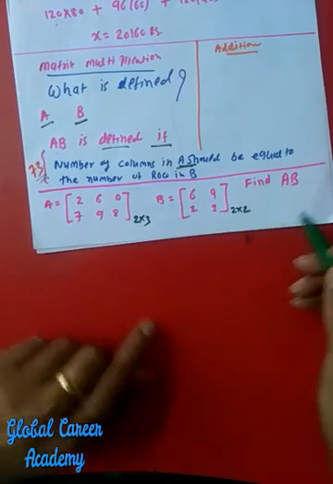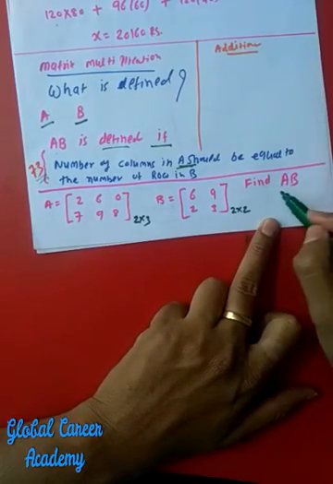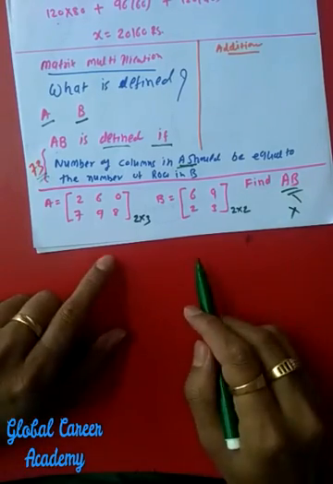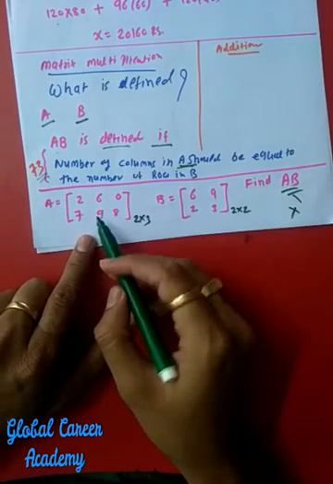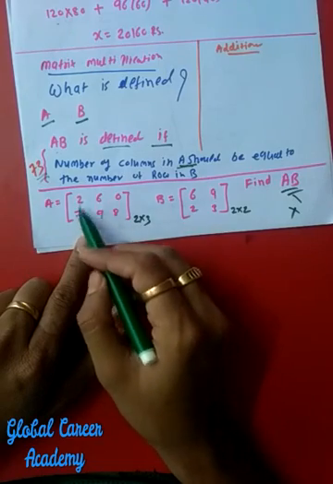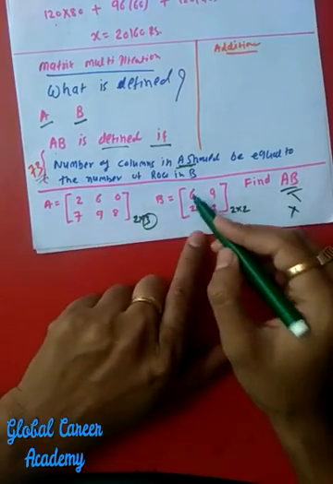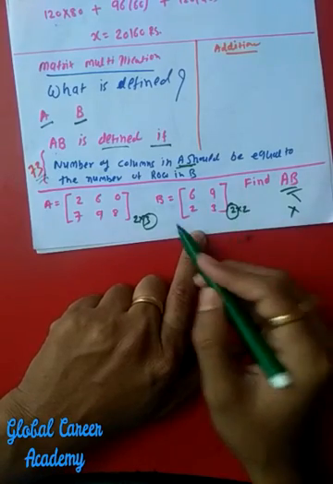So if I ask you to find out the AB, then you won't get any answer. Why you won't get any answer? Because over here the number of columns in matrix A is 3. Okay, and over here the number of rows in matrix B is 2.